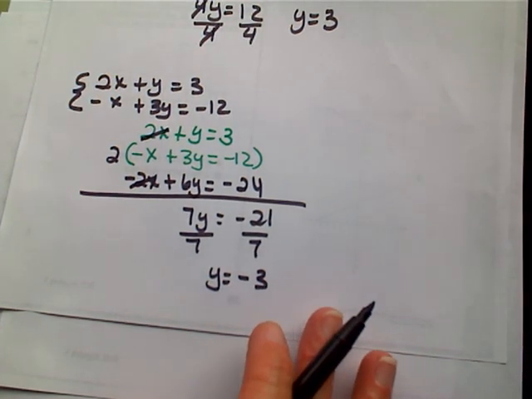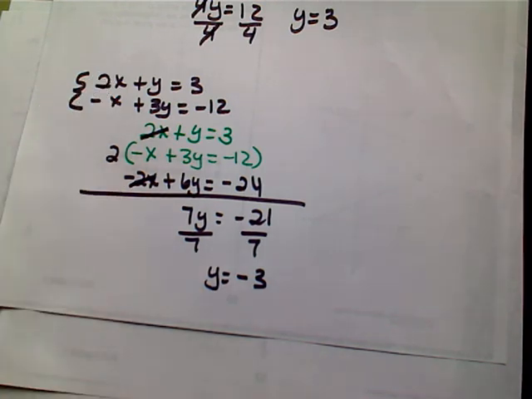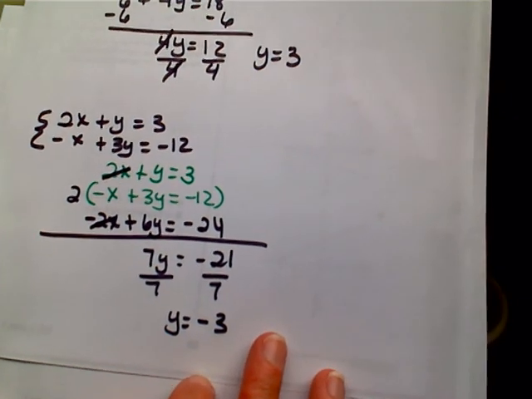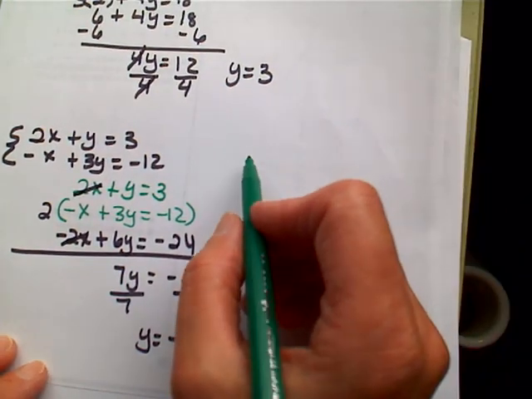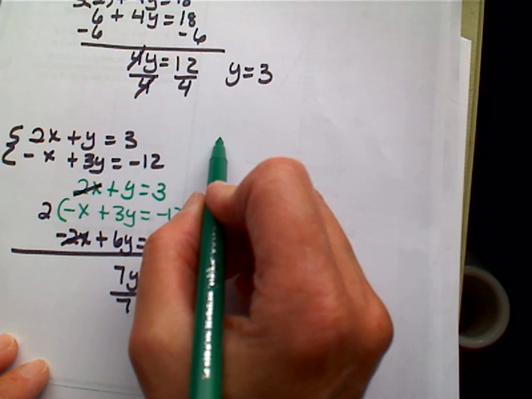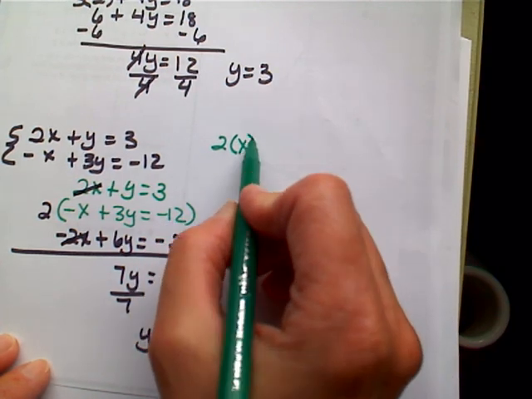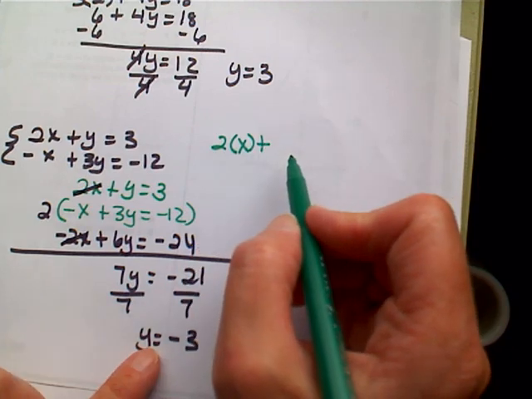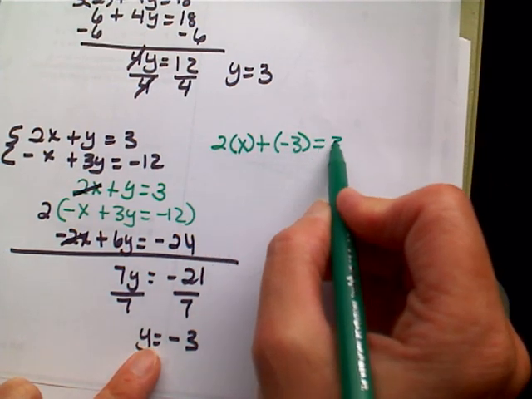So now I can take my value of y, go back up to one or the other original equations, and solve for x. So I'm going to take this top equation, and I'm going to say 2 times x, I'm solving for x, plus y, which is negative 3, equals 3.